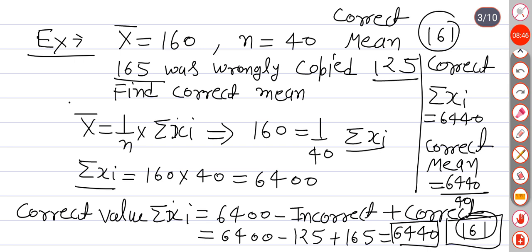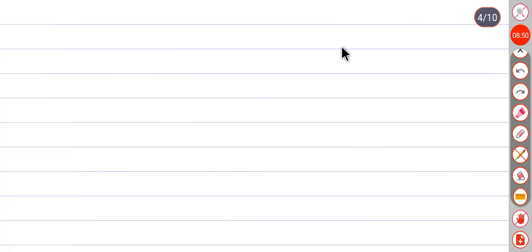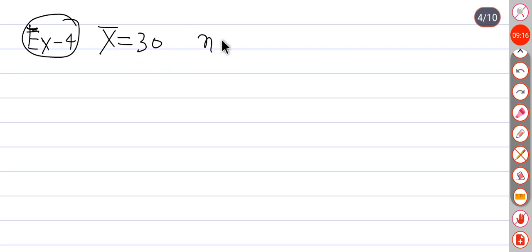Now let us take another example. This is the same type as example number 3. Example number 4 and example number 3 both have the same concept. The mean of 100 items, that means x bar was 30 and n was 100.